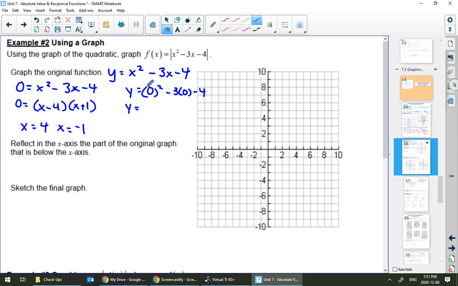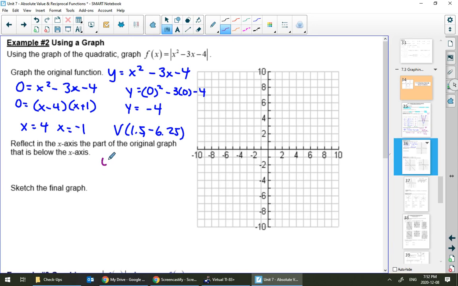We calculate that out, and we have y equals -4. All right, now for our vertex, we could graph this on our calculator and find our vertex. It would be (1.5, -6.25).